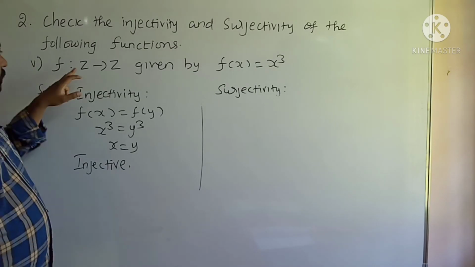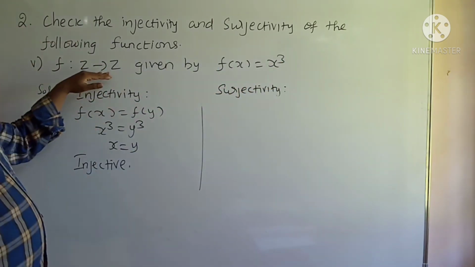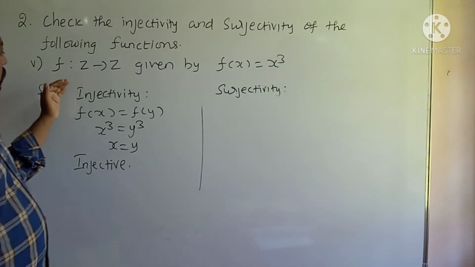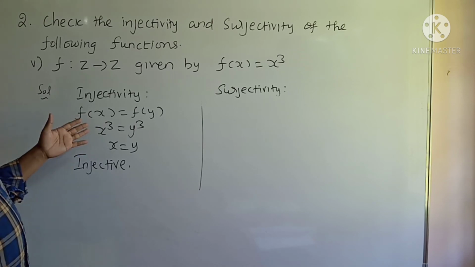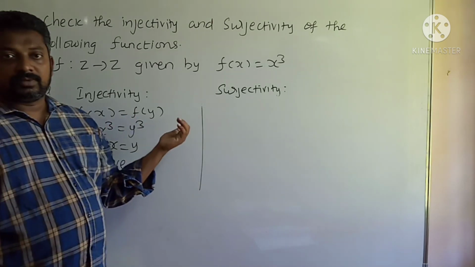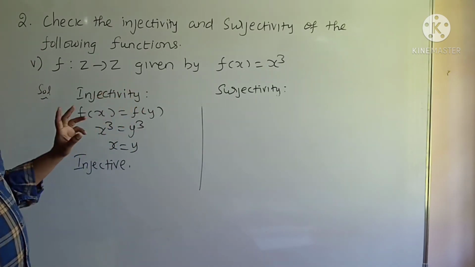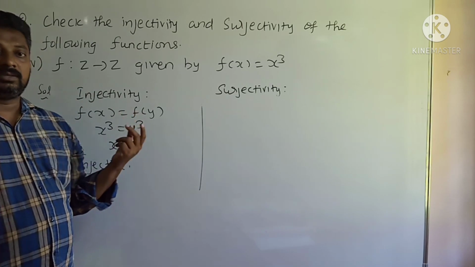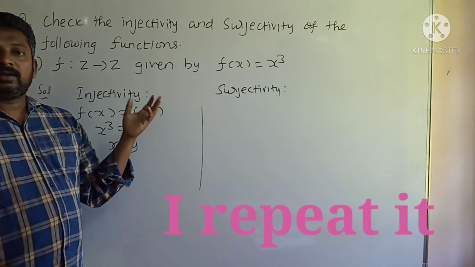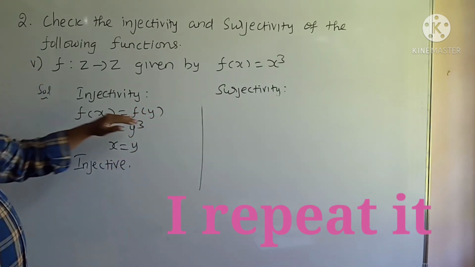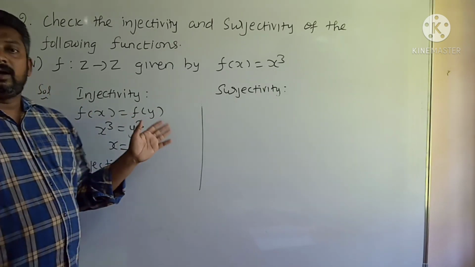In the fifth Roman, f is such that Z tending to Z given by f of x is x cube. The function is the same, the domain is integers. Let's check for injectivity. We cannot have two different numbers where f of x equals f of y, because if we substitute 1 and minus 1, we get different values of f of x and f of y.